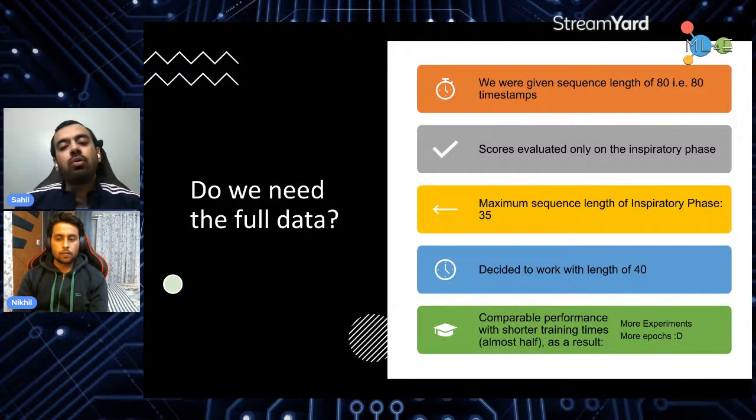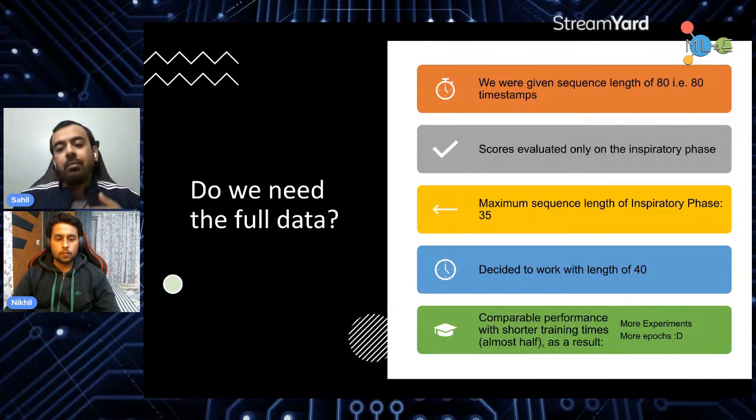So we decided that if the maximum evaluation that could happen for any given breath would be on a length of 35, why not just work with a length that is closer to that and remove the rest of the data? So we decided to work with a length of 40.